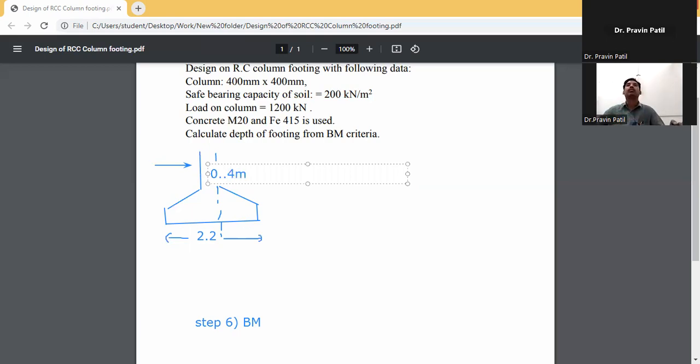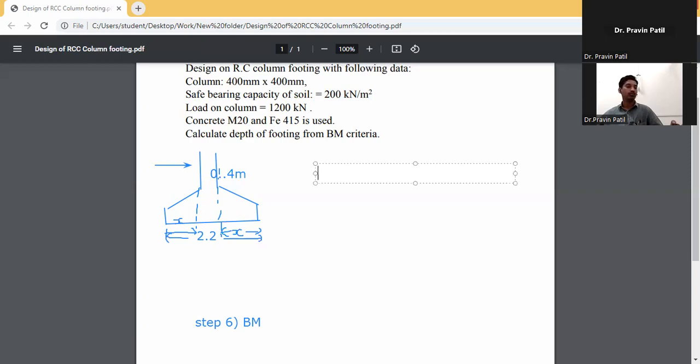We need to calculate this distance, which we assume to be x. From this side it is x, and from the other sides it is also x. So we need to find out the x distance.